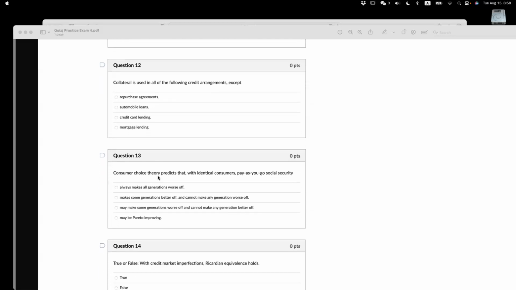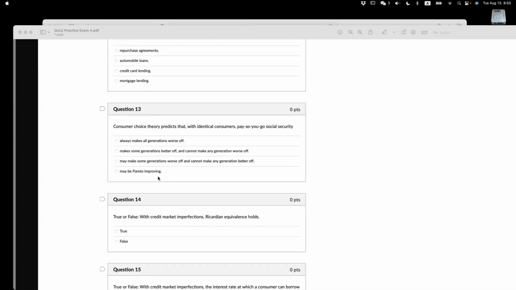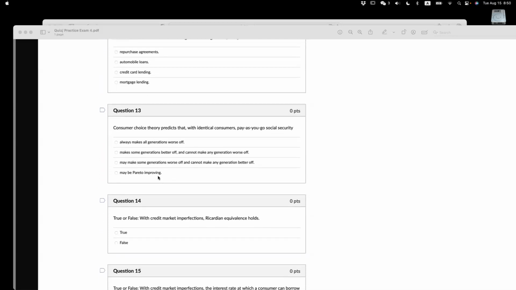Okay. Question 13. Consumer choice theory predicts that with identical consumers, pay-as-you-go Social Security. So the answer is maybe Pareto improving. Right, that's the whole point of the pay-as-you-go system. The reason why it can be Pareto improving depends on the interest rate and the population growth rate.